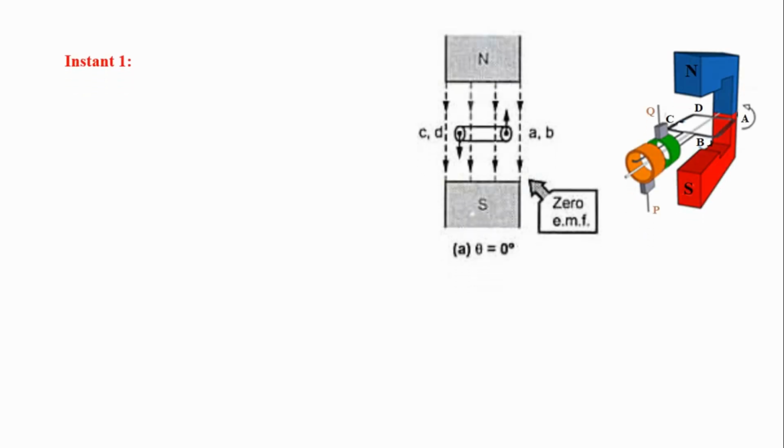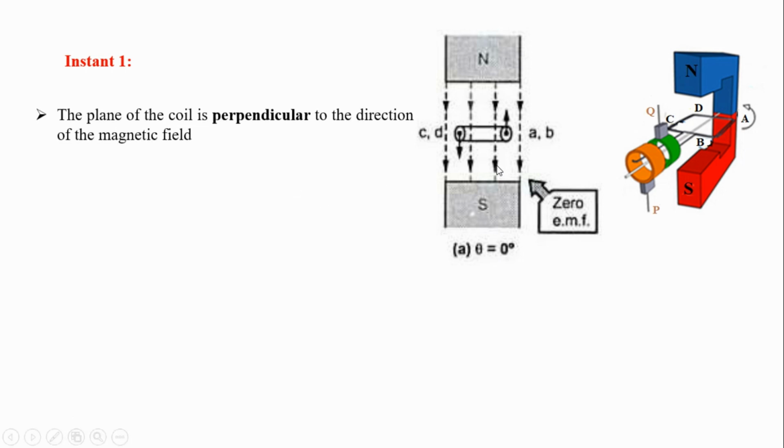At this instant, theta is equal to 0 degree. That is, the plane of the coil is perpendicular to the magnetic field, that is, coil sides AB and CD are parallel to the magnetic field.